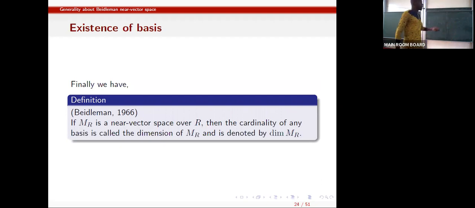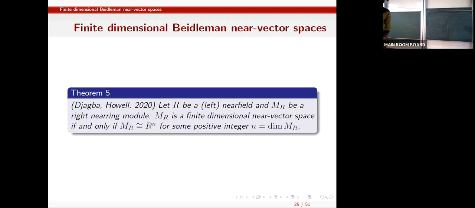And also, we can define the notion of dimension. Now, this is where our work started. So now we want to derive all the finite dimensional near vector spaces. Since we already proved that it has a basis, if it is finite dimensional, then we index from 1 up to n.